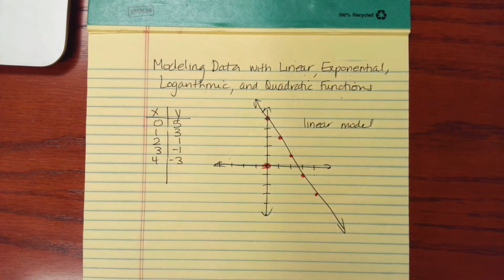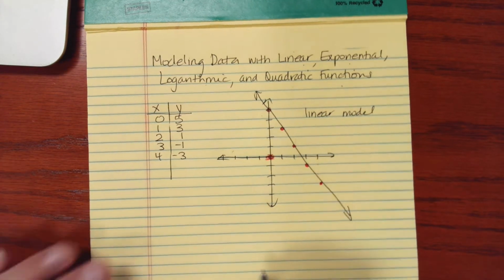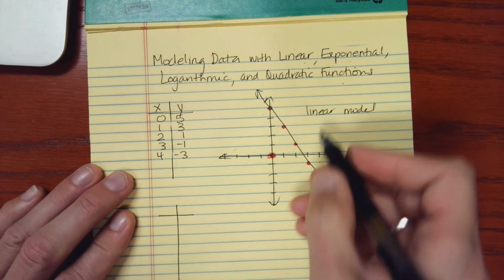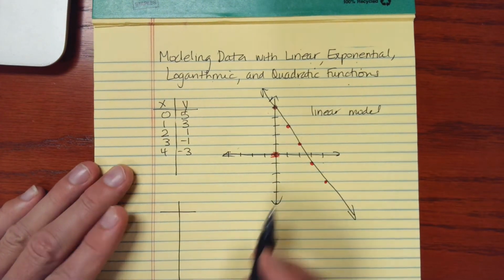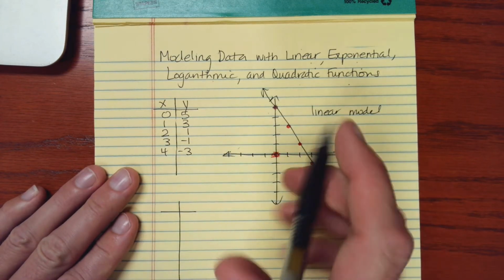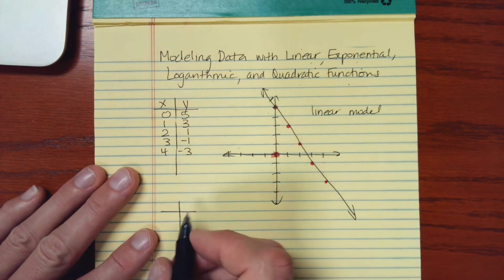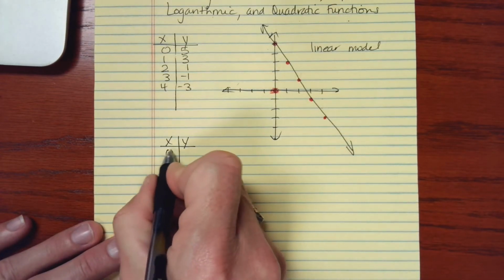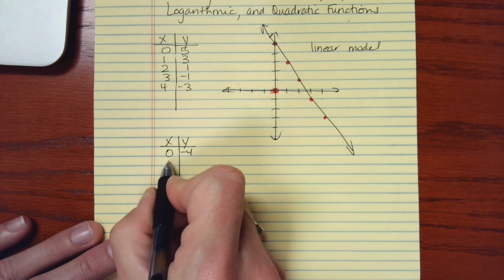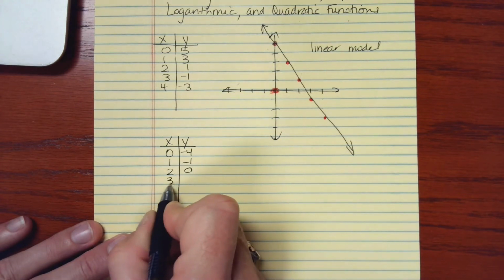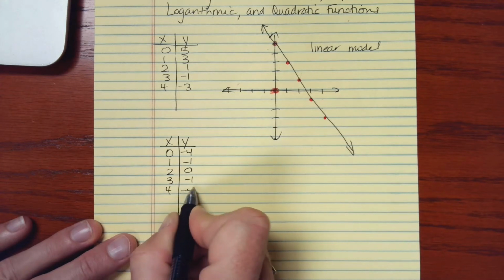Let's look at another example of a small data set, where we'll first look at the scatter plot and then see if we can guess which type of model would be best for approximating the data. So in the second data set, I'm going to have the values 0, -4, 1, -1, 2, 0, 3, -1, and 4, -4.